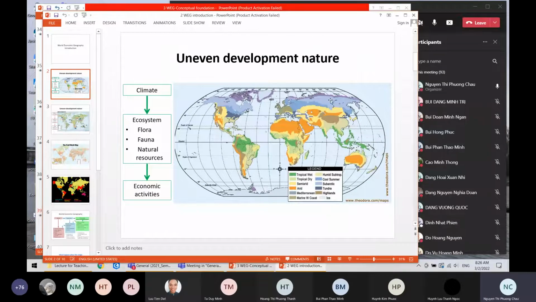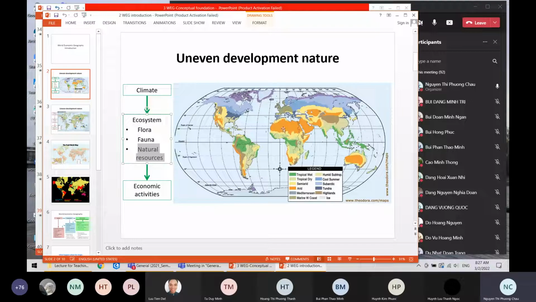Russia spans several longitudes and latitudes as well, so it can have several climates. Each climate supports a special ecosystem, and each ecosystem has flora, fauna, and special natural resources.